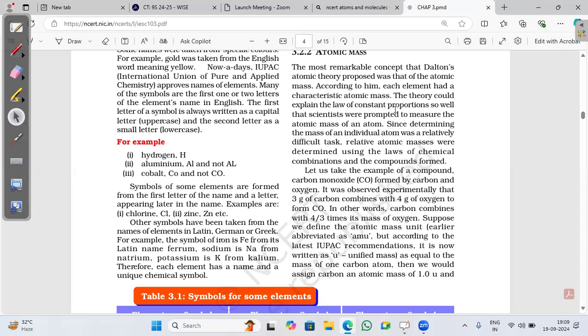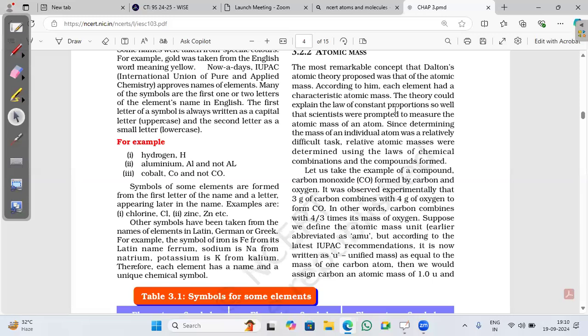For example, if an element has atomic mass 16, no other element can have atomic mass 16. It is only oxygen. Atomic mass is a characteristic of that element. Carbon has atomic mass 12.